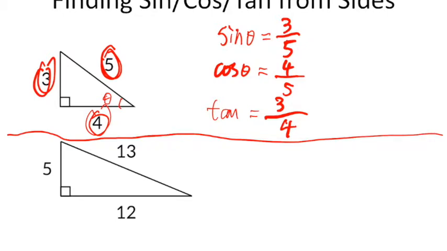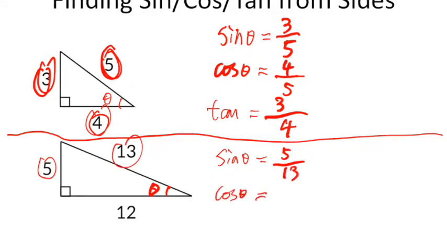Now we have another triangle down there. So we know 3 sides. We want to know the sine, cosine, tangent of this angle. From the definition, sine theta equals opposite side over hypotenuse.